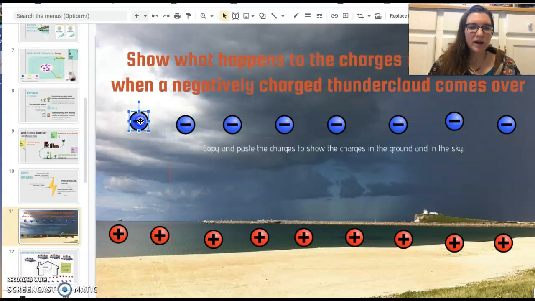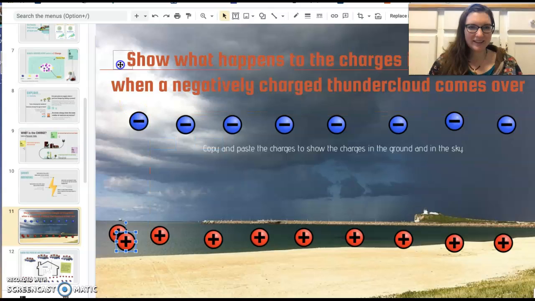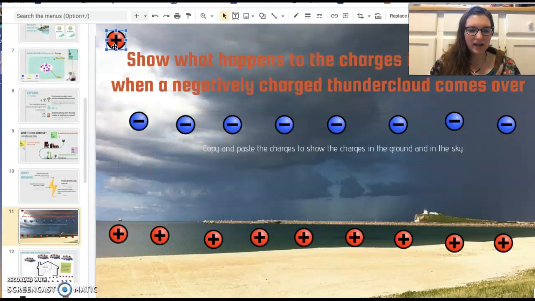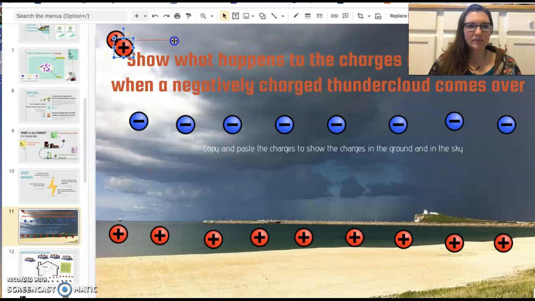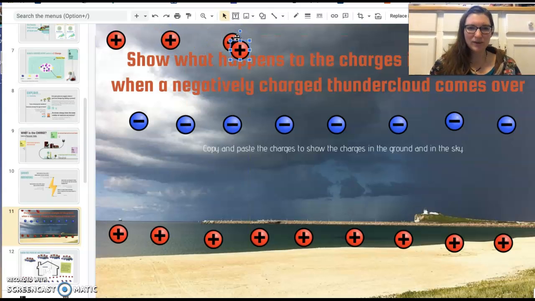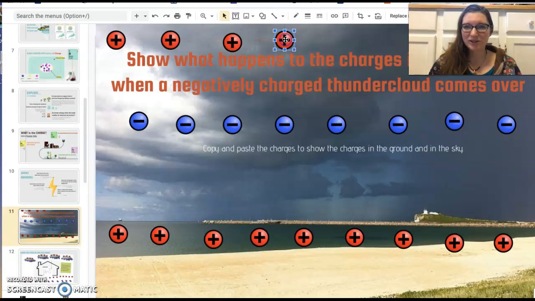So whenever you're making a model like this, it's good to make sure that you show where all the charges have gone to, because you can never have charges all by themselves. You can't just have a negative charge that's not caused by something else. These charges have separated because of the clouds rubbing together, okay?